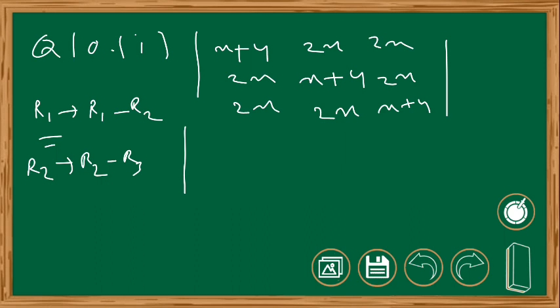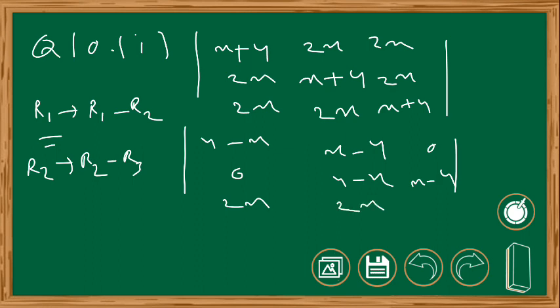This is r1 minus r2, this is 4 minus x here, then x minus 4 here, and it will be 0 here. Similarly, r2 minus r3 will become 0 here, x plus 4 minus 2x, so again it will be 4 minus x, and 2x minus x minus 4, which is also x minus 4. This is 2x, this is 2x, and this is x plus 4, right?